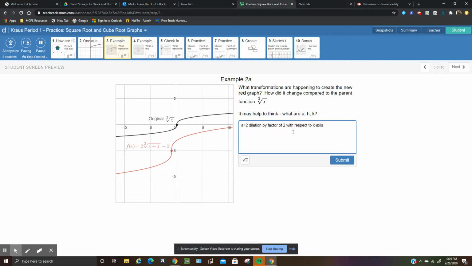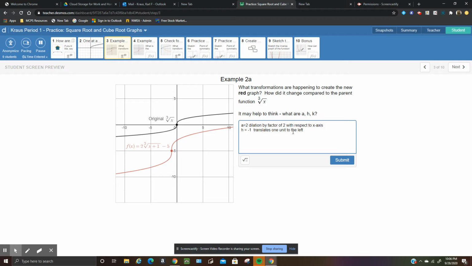And then K. Oh, H. Let's go to H first. H is negative 1. It translates 1 unit to the left.